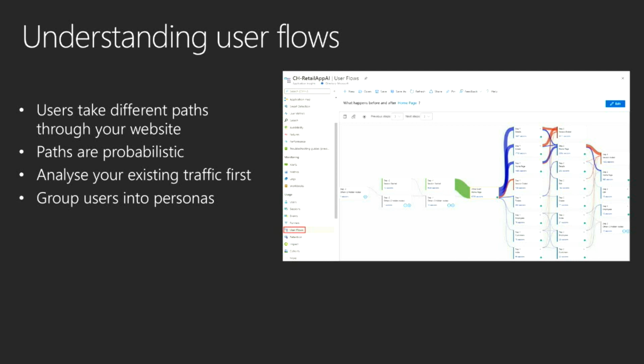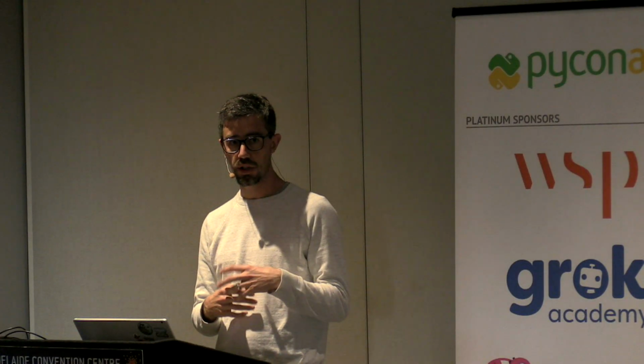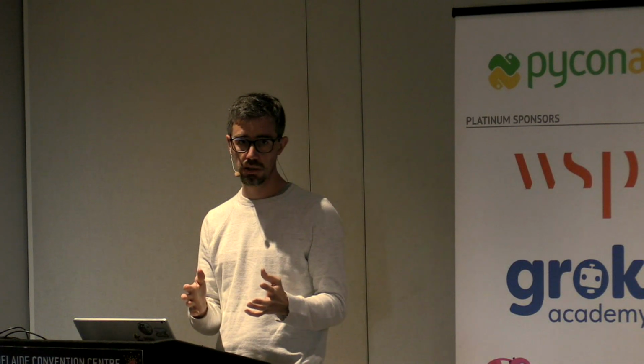So another thing to take into account as well is timing. Like I said before, real users will wait between clicks. So if you want to do a proper load test, you want to try and simulate some of those pauses.